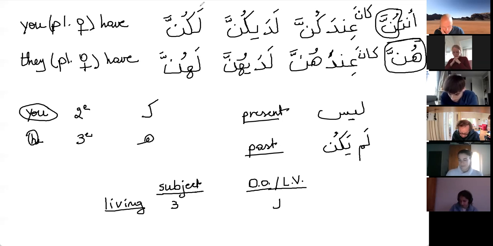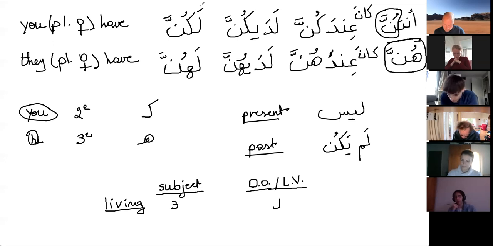Then I have the third one: most streets in Beirut do not have a name. Again, my subject is streets, non-living, and my direct object is also non-living.